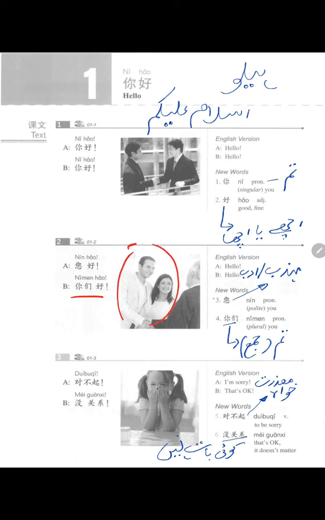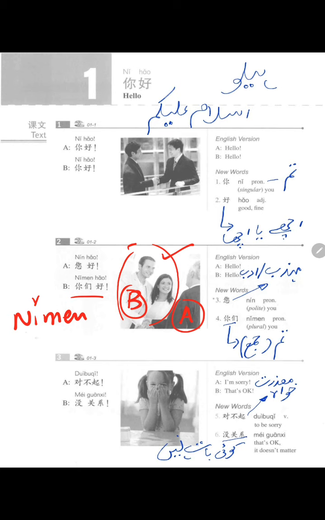Also you'll see that here we got two people. So first of all, the person A is saying nin hao to these two, and these are two people, दो लोग हैं, तो उनको वो कैसे मुखातिब करता है, नीमन हाओ. But if we write it alone, we will say that it is ni man.